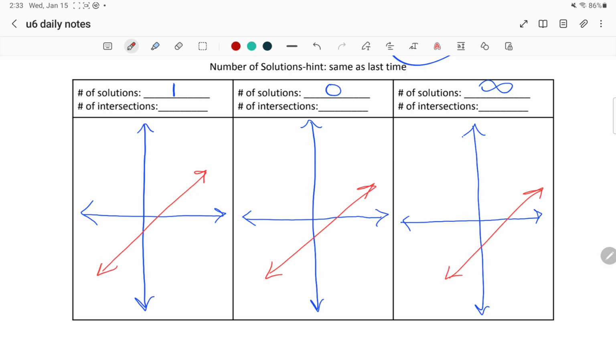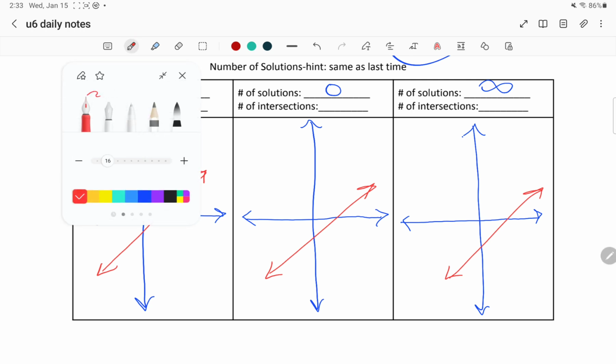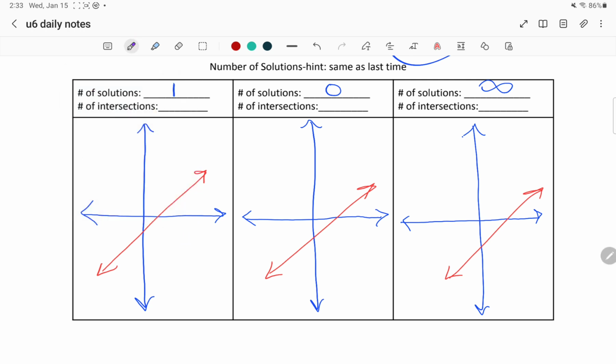Okay, if we have 1 solution in a system, that means, I'm going to change the color again, that means that my lines hit each other 1 time. So these are actually all going to line up, okay? So it could be anywhere, right?